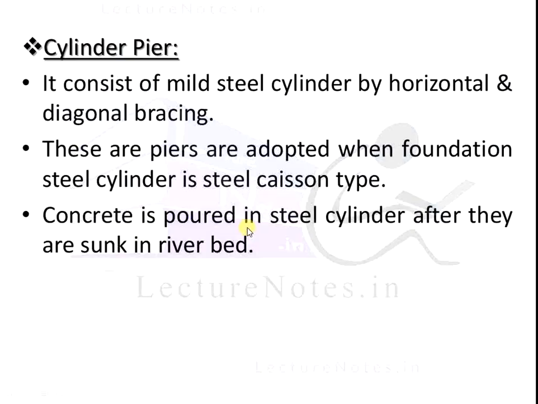Okay. Next is the cylinder pier. It consists of mild steel cylinders with horizontal or diagonal bracing.